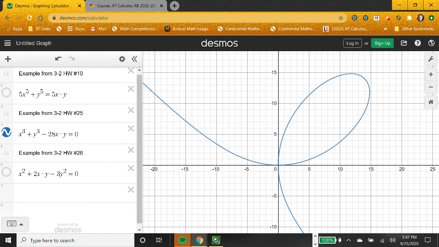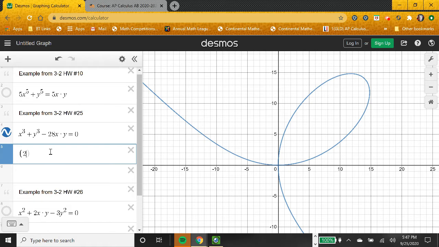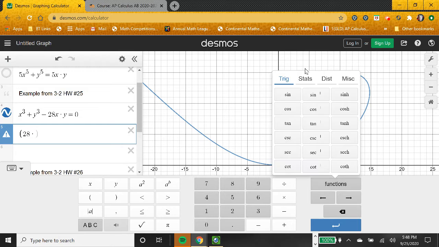Now, we said the horizontal tangent's going to be, and I'm going to put the points under here, right? We said the point was going to be parentheses 28 times, we said, the cube root of, let's see if I can find a cube root.